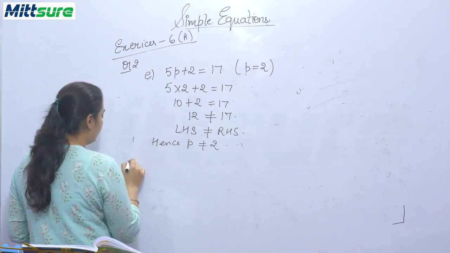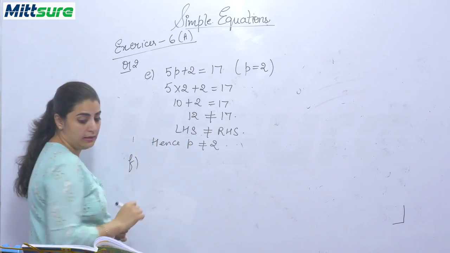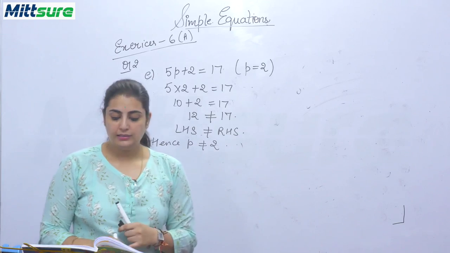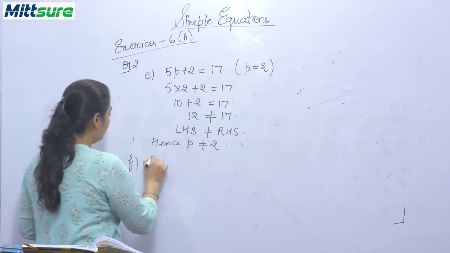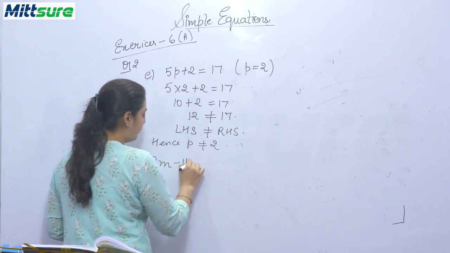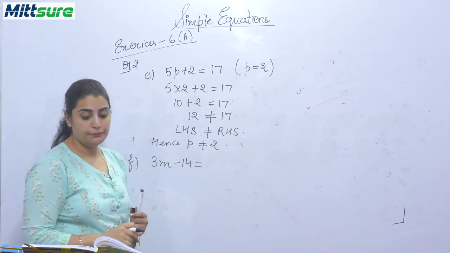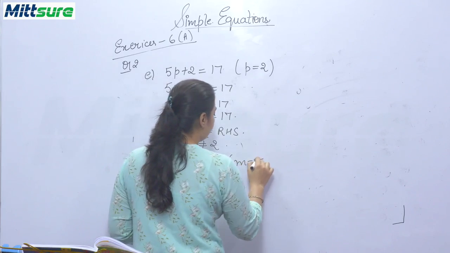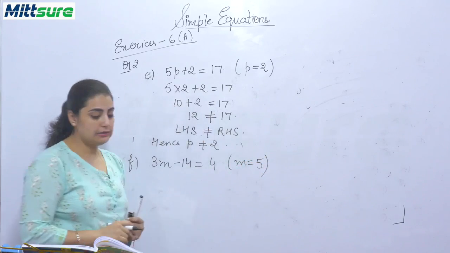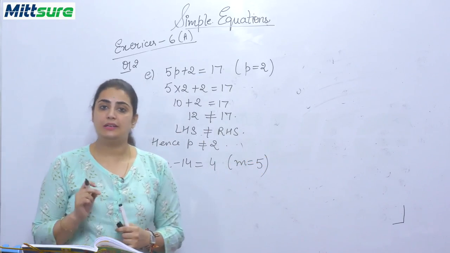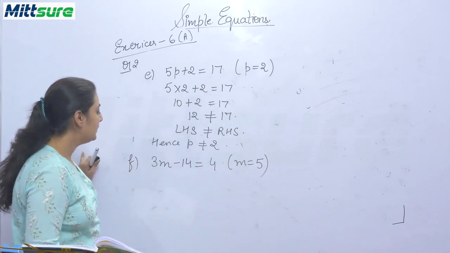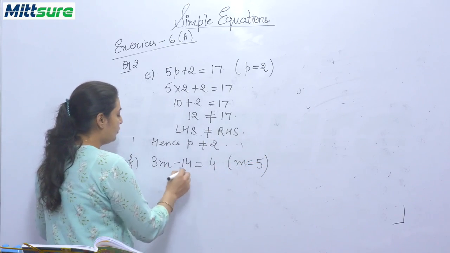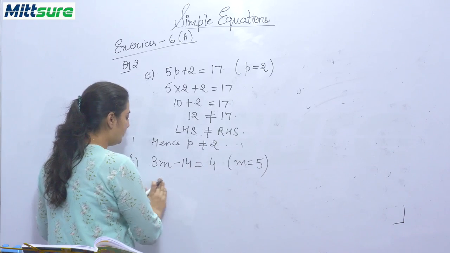Right? Now we have got F part. In F part we have 3m minus 14 equals 4 and the value of m is given as 5. Okay. So this is the equation where the value of m is given as 5 and the equation is 3m minus 14. So here again I will substitute the value.